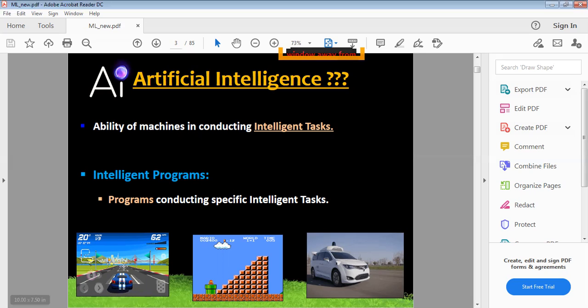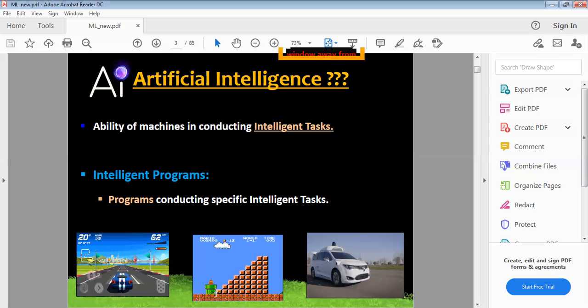Example: here you see a car race. The car will move according to our mindset. If we press the keypad left, it will go left. If we press right, it will go right. As we move, the movement of the car will be done. Come to this one, a picture collected from Super Mario. Here, he is going to climb.